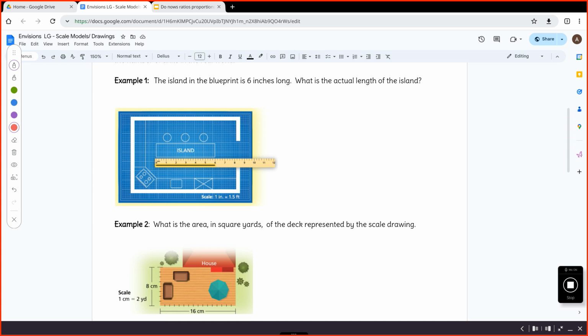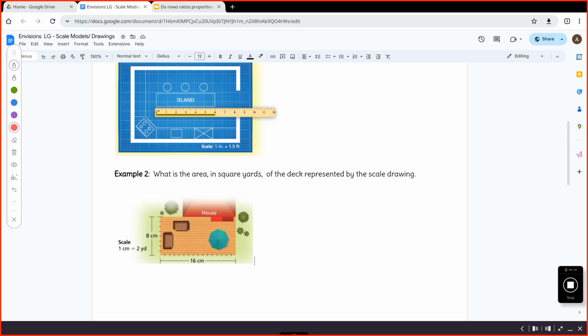Now example 2. It says, what is the area in square yards of the deck represented by the scale drawing? We start first with our scale, which is 1 centimeter to 2 yards. The centimeters represent what it is in the drawing, and the 2 yards is in the real world.